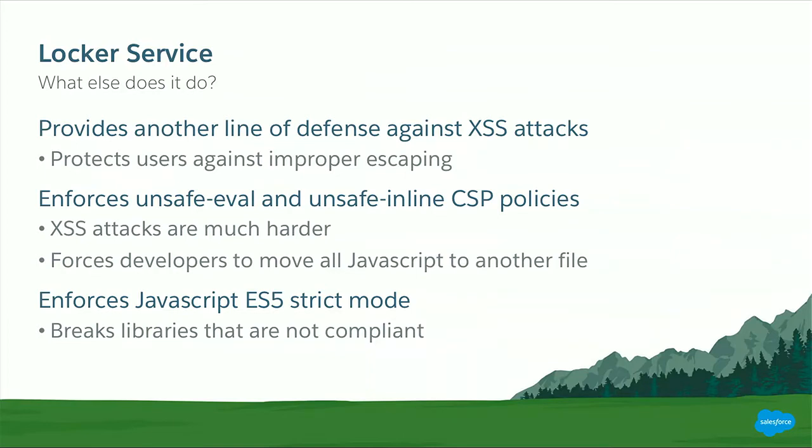Maybe your old version of jQuery was not written to be compatible with JavaScript strict mode, or your special widget to integrate with your custom map solution isn't written in JavaScript strict mode. I understand that. That's difficult. We have a whitelist on our documentation of libraries we know that are big, common libraries pinned to the version numbers that work in Locker. I would recommend that you look at that if you want some of that functionality.